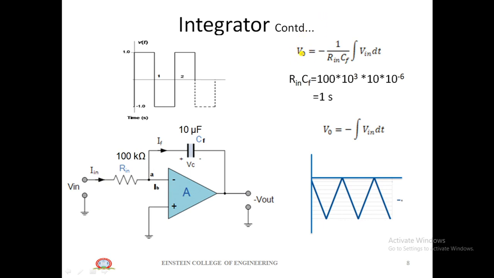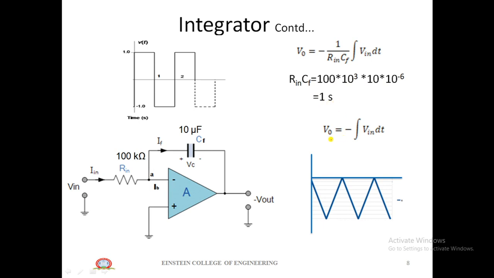For the integrator, the output voltage equation is minus 1 by R_in C_f integral V_in dt. First we find R_in C_f. Substituting the values, the answer is 1 second. The time constant is 1 second.